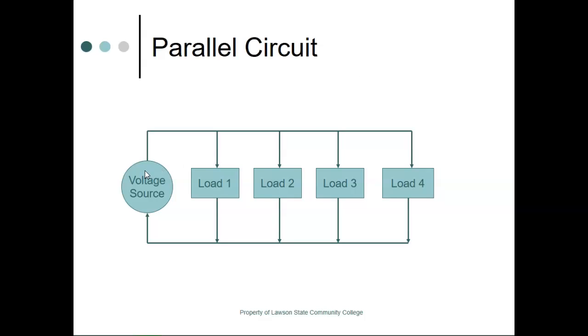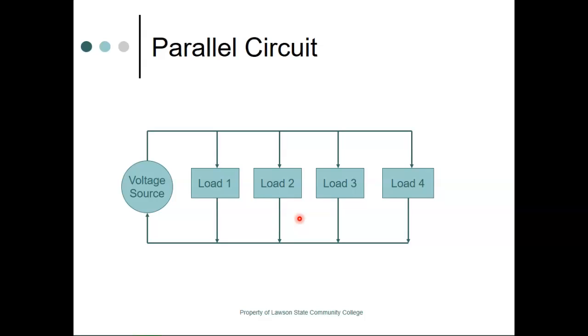So this is parallel. You have your source, and each load is connected back to the source. It's not really connected to each other. Y'all see that? So each load just connects to the source. They don't connect to each other.